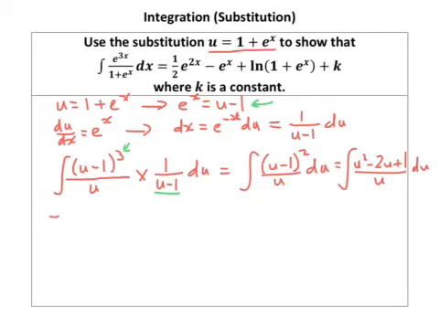And then I'm going to do some simplifying before I start integrating. So I've got u minus 2 plus 1 over u du, and here we go. Should be nice and easy now.